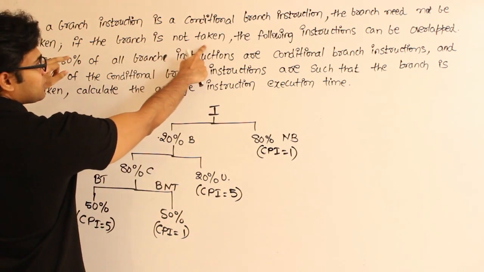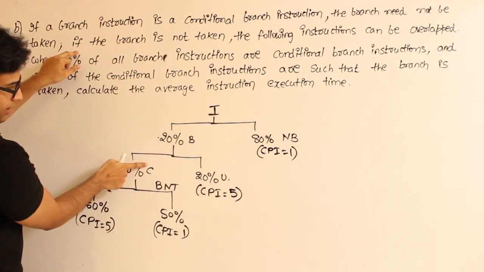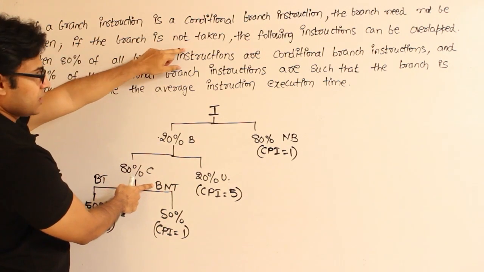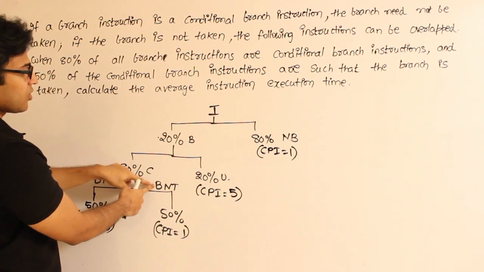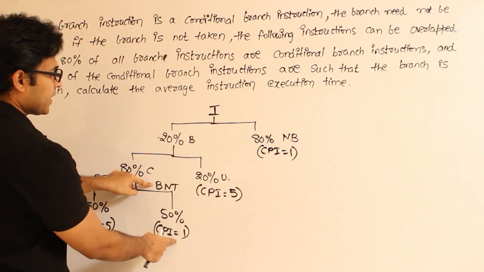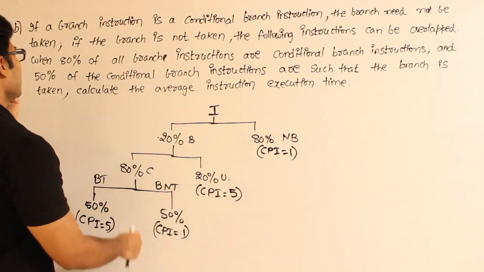If the branch instruction is a conditional branch, and if the branch is not taken, the following instruction can be overlapped. So since the following instruction can be overlapped, there is no need of penalty here. That is why clocks per instruction is going to be 1, right?